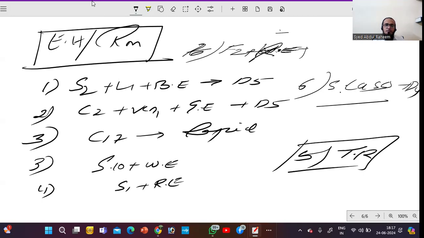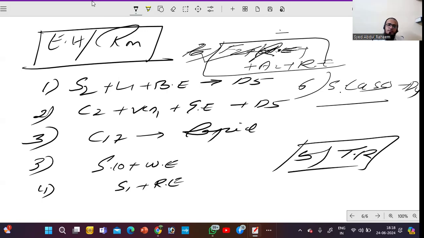F2, A2, RE, to apply on the hypochondric region, high hypochondric region, with lukewarm water or cold water. Sorry, cold or lukewarm water.